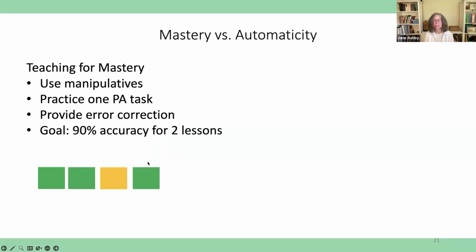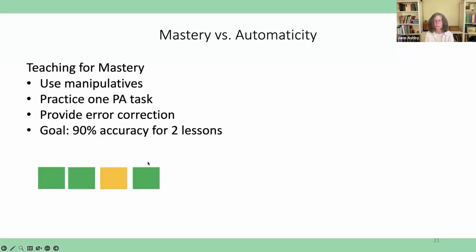I want to talk for a minute about mastery versus automaticity. And so first, we're always teaching for mastery. I just phrase this as accuracy first. That's something probably all of you are familiar with. So you're going to be using manipulatives to introduce those new phonemic awareness tasks. Students are going to be practicing 1 task at a time. If you're focusing on initial sounds that day, that's what the lesson is.